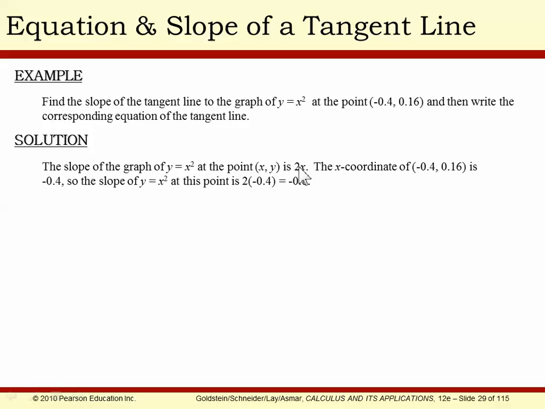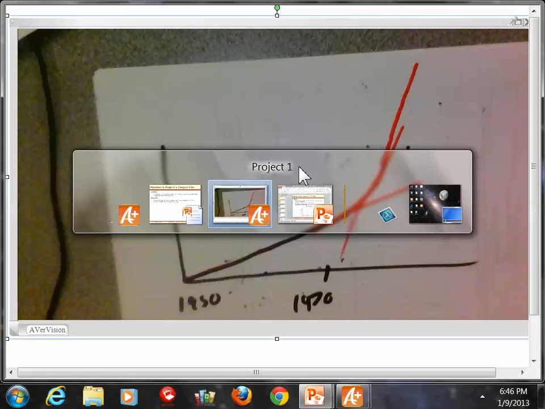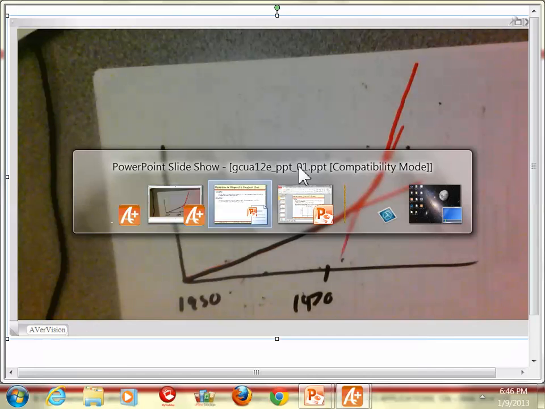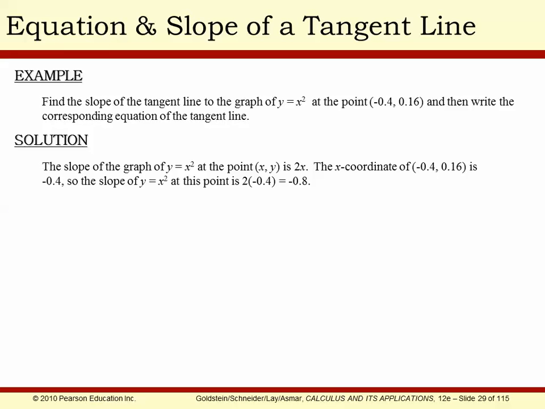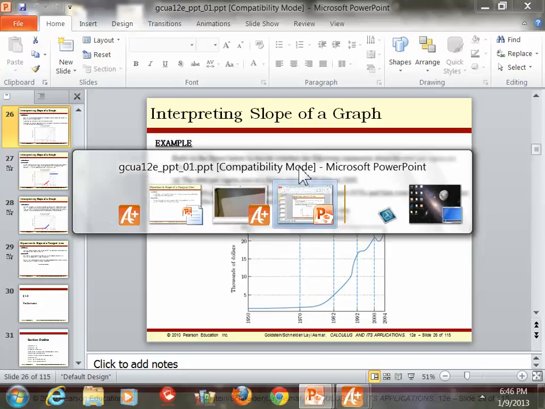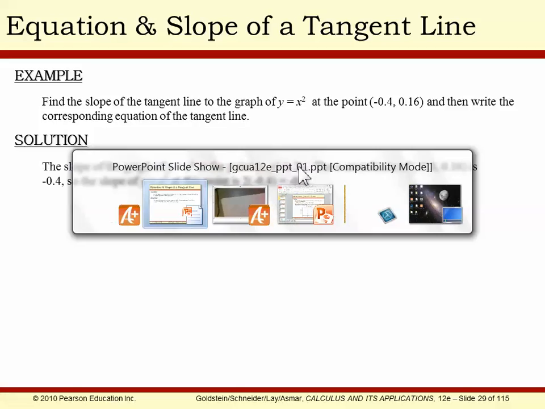And let me see if I have enough time to finish this example. I have 4 minutes. I'm going to give it a shot. Probably not. And this is the very end of 1.2, so we start 1.3 next time. Okay. So we have the equation y equals x squared.